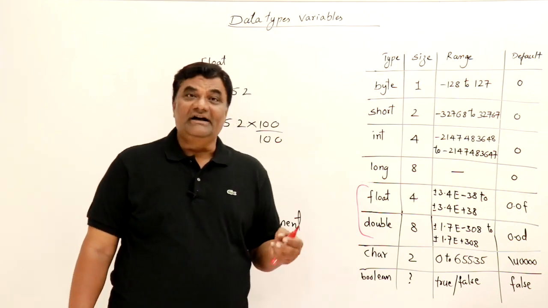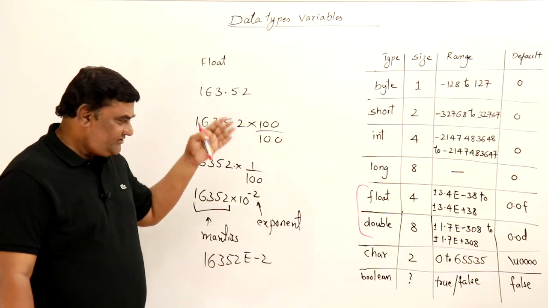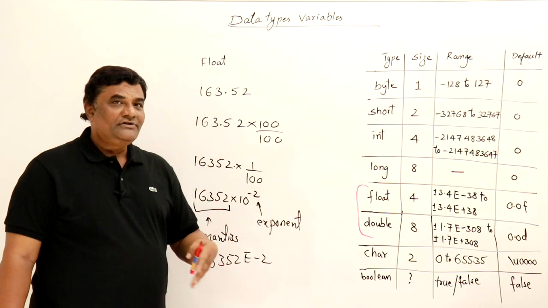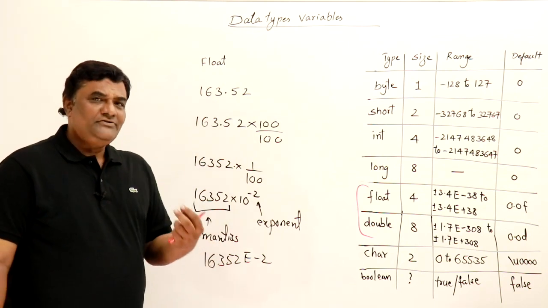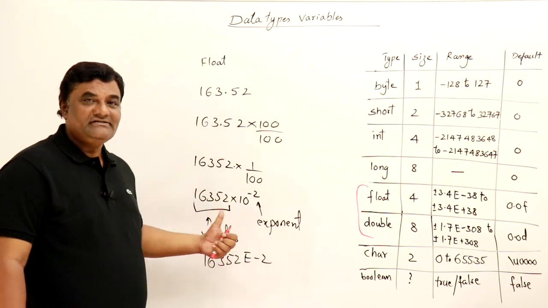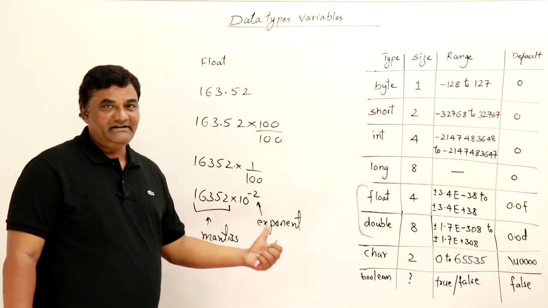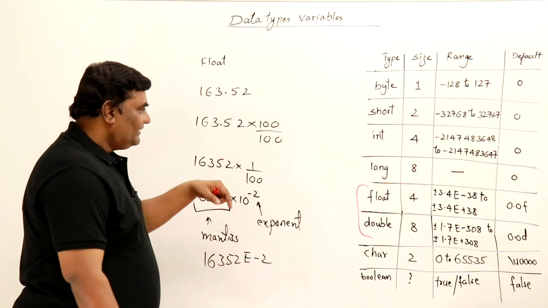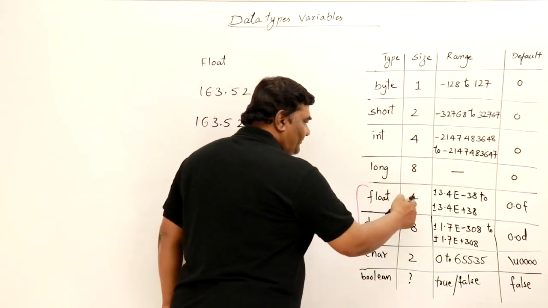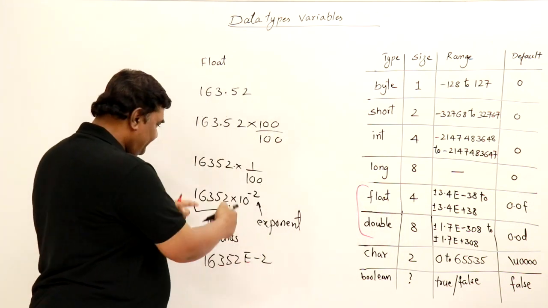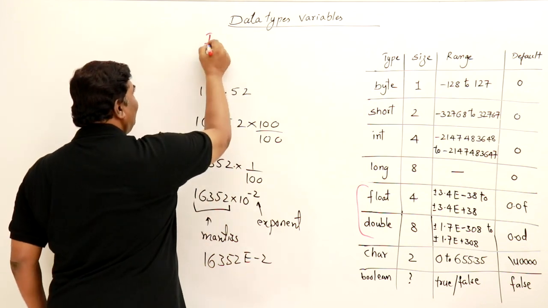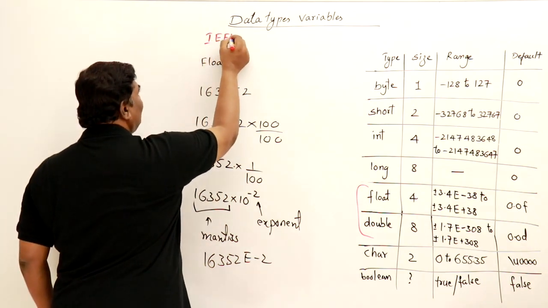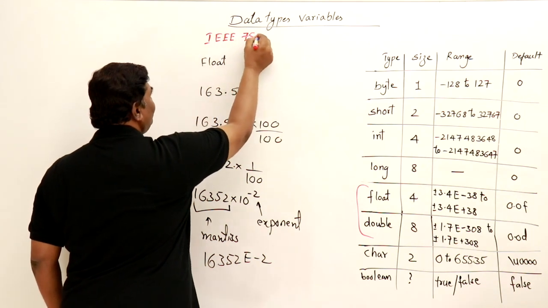Actually, it is stored in binary form. So there is a procedure for conversion of this. If you want, you can study it, you can explore it, right? As a programmer, you should have a little idea about this. So it is represented in the form of mantissa and exponent. This is important. Now next thing, float takes 4 bytes, and the method of representation is actually made a standard, and that is IEEE standard, and that standard number is 754.